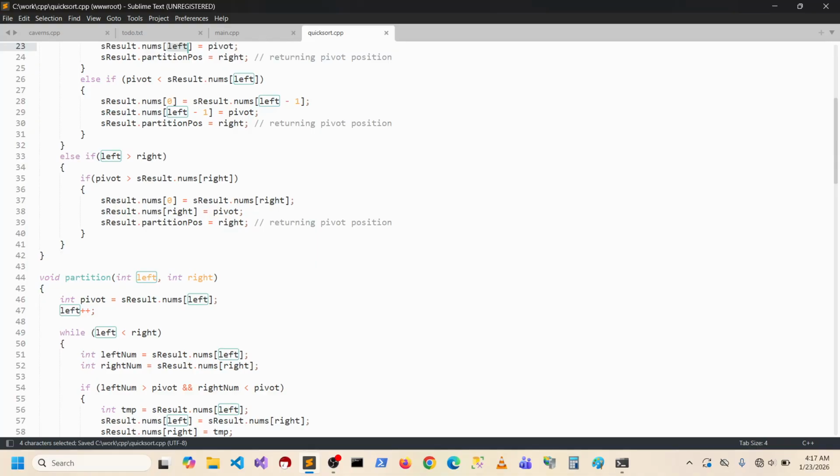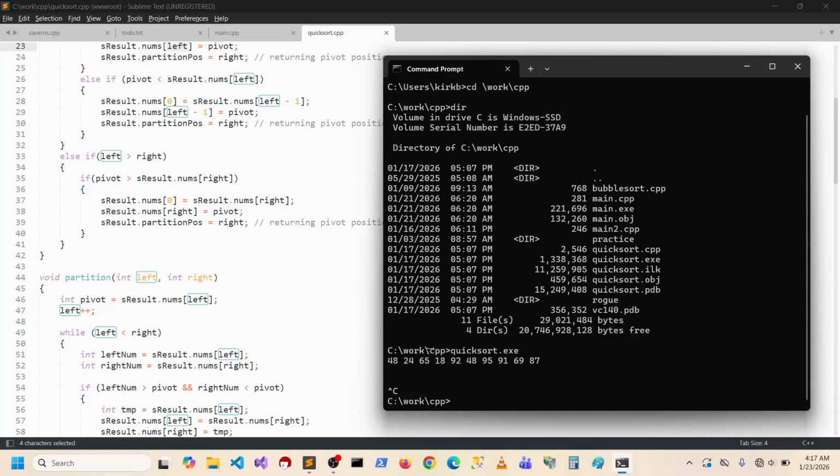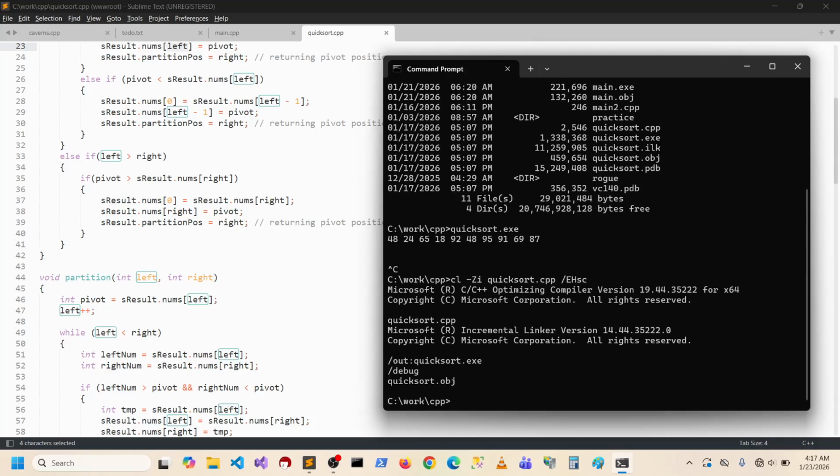Let's go to, I don't have a build script, so CL, do a shift tab.